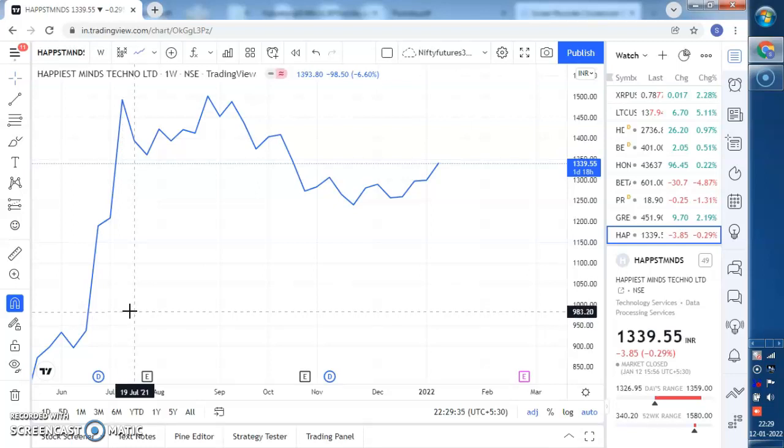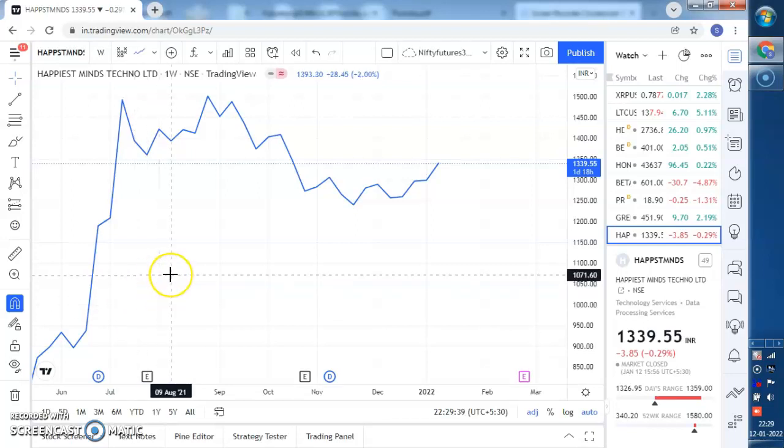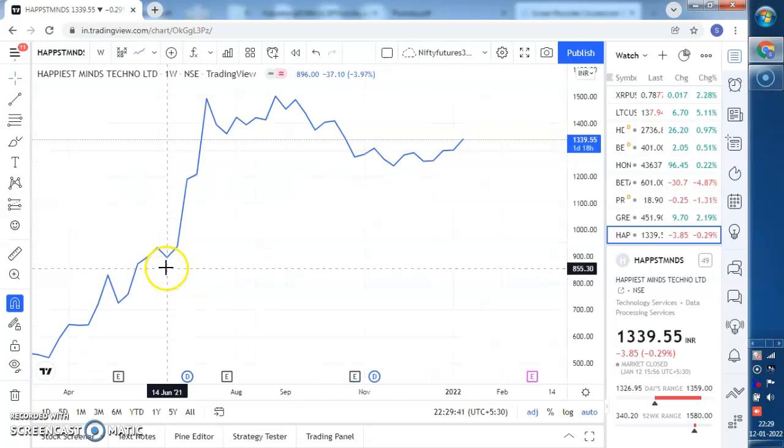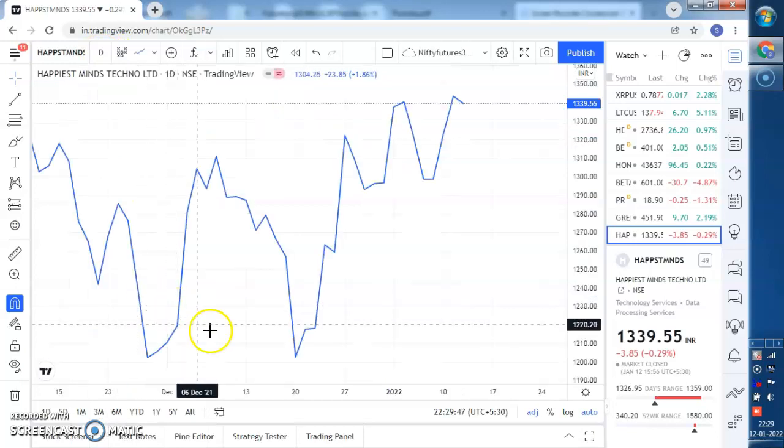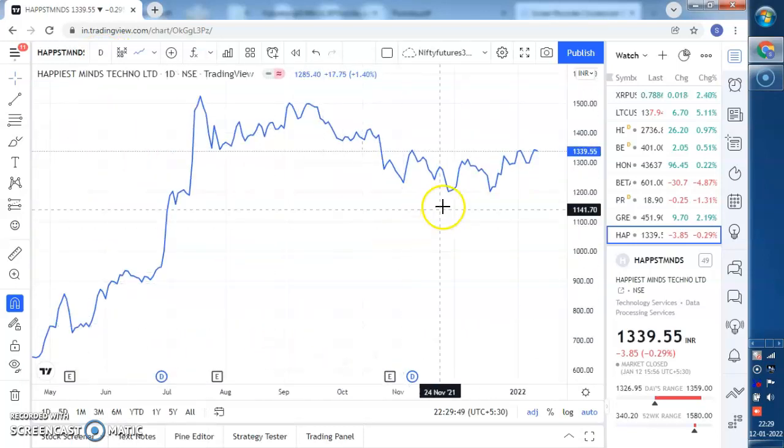If someone is just buying at the end of the week, you forget all other price action throughout the day or throughout the week. So on a weekly time frame, it is the closing value of each week, and on a daily time frame, the closing value of each day.